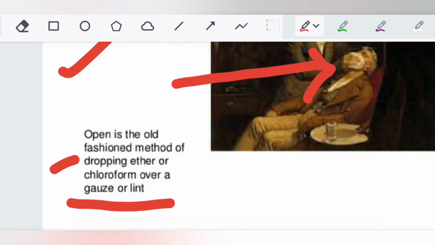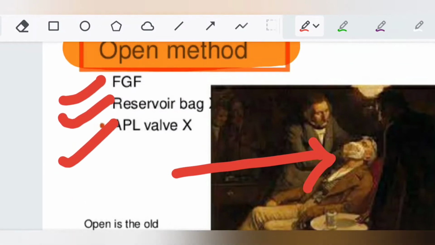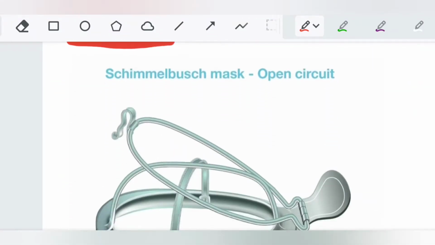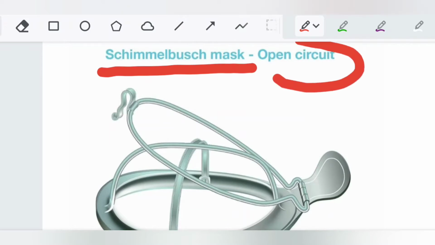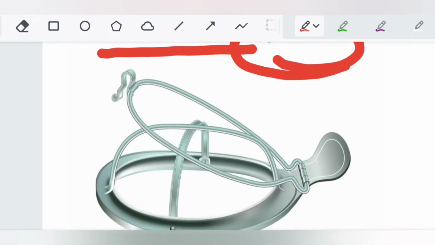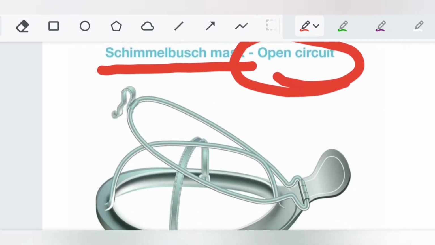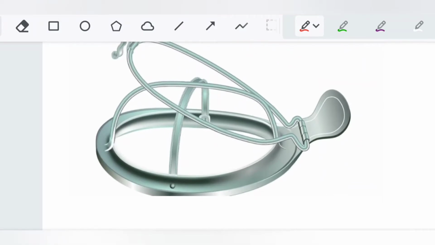This was the open method, the primitive method of breathing system. Here you can also see the Schimmelbusch mask, which is also an open circuit, that is, an open breathing system.